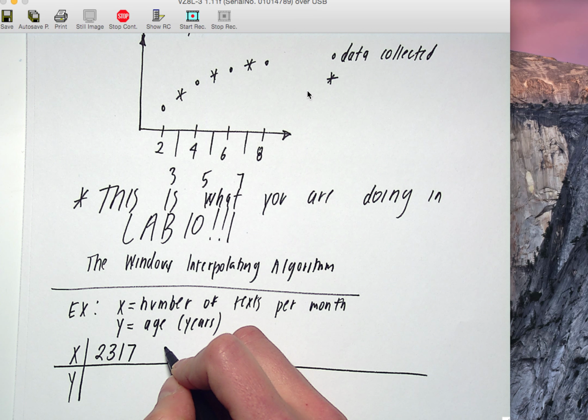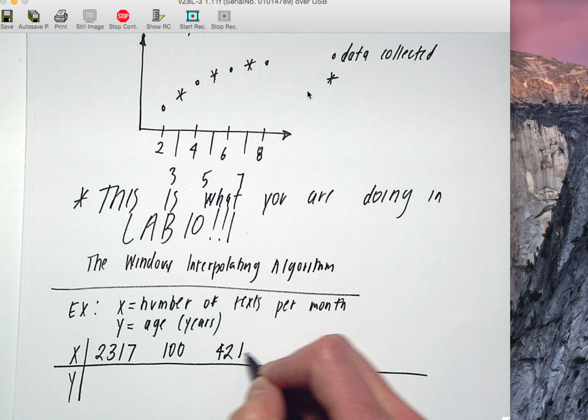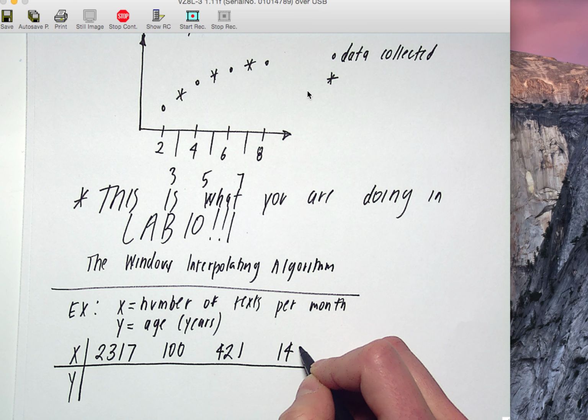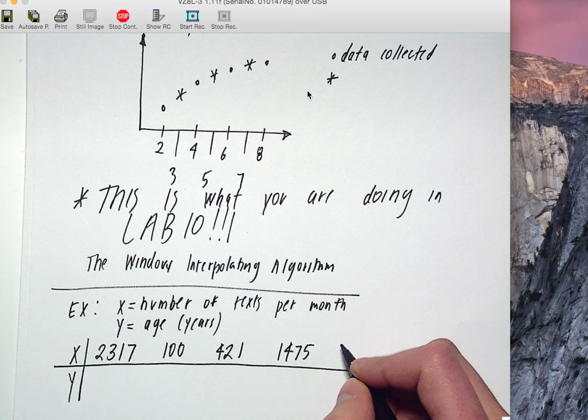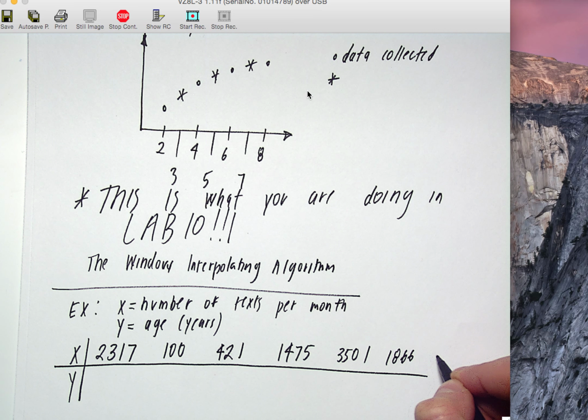So let's say that I collected data from 7 individuals. I found out how many texts they sent per month for a given month. Actually, this isn't real data, but it's based off of real statistics. I didn't make this up.